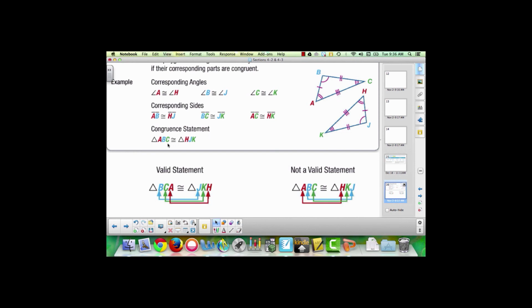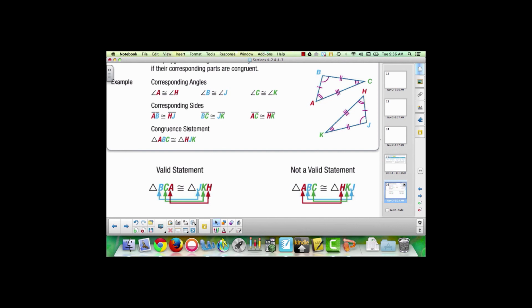However, a triangle congruent statement must reflect the corresponding parts that are congruent. So if I decide to name this first triangle ABC, I have to name the second triangle in the same order of corresponding parts. Since angle A and angle H are congruent to each other, they must be in the same place in the congruent statement.